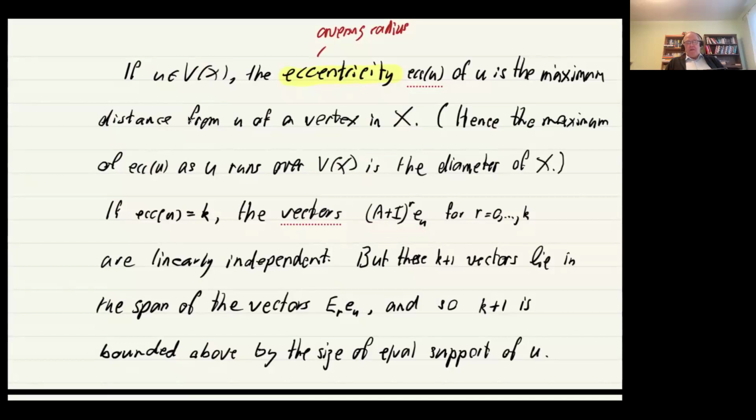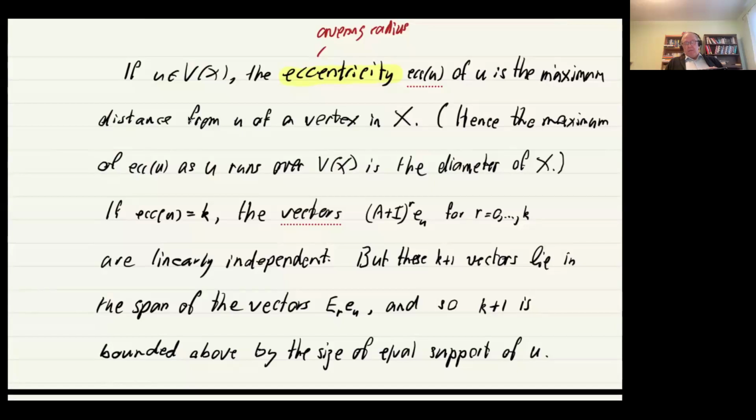Because when you go to k minus 1, there are no vertices of distance k from u in the support. So these k plus 1 vectors have supports forming a strictly increasing sequence. And so the conclusion is that those vectors are linearly independent. Okay, so that's the same as before.